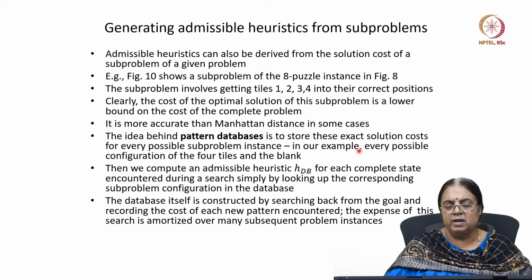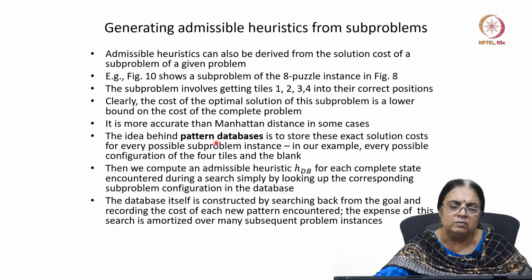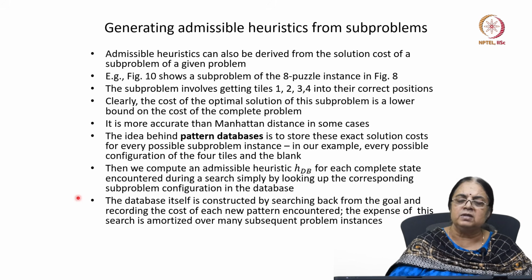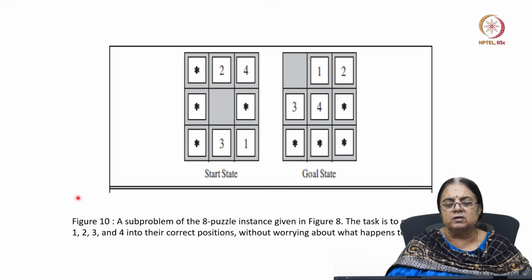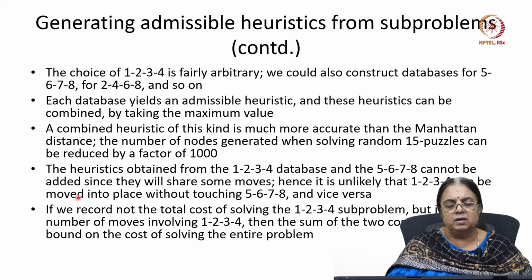One overall problem can be divided into 2 or 3 sub problems, and you can use the solutions to these sub problems, which are already available to you, to get the overall heuristic. So this is one way of getting the heuristic. It could have been 1, 2, 3, 4, or 5, 6, 7, 8, or 2, 4, 6, 8; you could use any type of grouping like that.